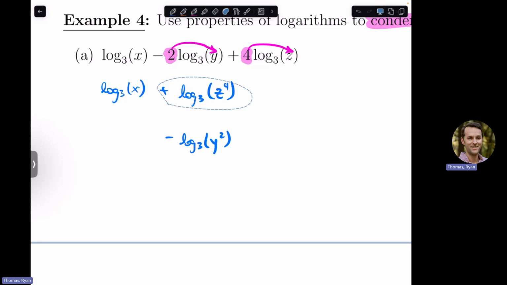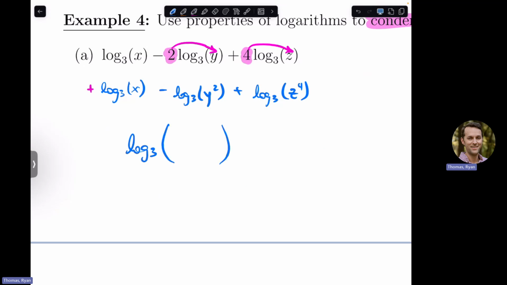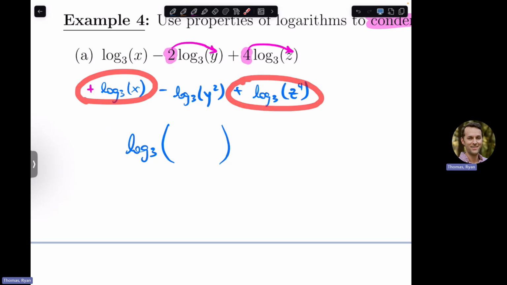So with that in mind, when we look at these, terms that are positive, and this one is, the leading one, we just don't write that leading plus sign, but that term's positive as well. When we combine these, anything that was positive ends up in the numerator, and anything that was negative is going to end up in the denominator, right?